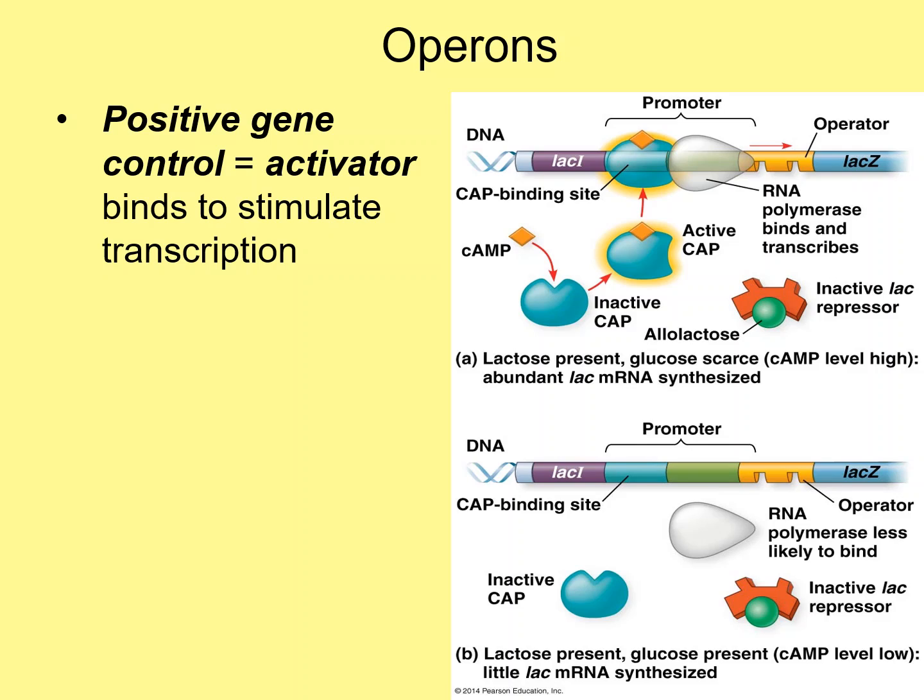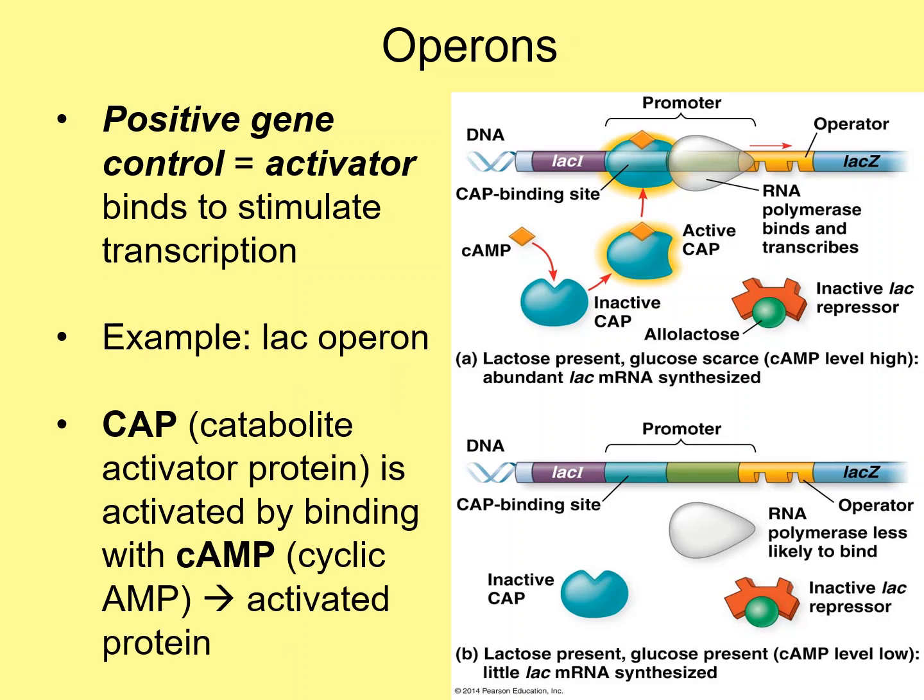The activator binds, in this case, directly to the promoter. In eukaryotes, activators bind to control elements, and in binding to the control elements, they increase the affinity of RNA polymerase for that particular promoter, and it transcribes it over and over and over again.